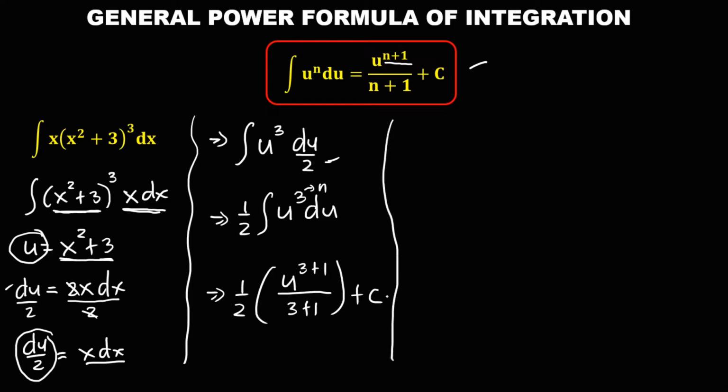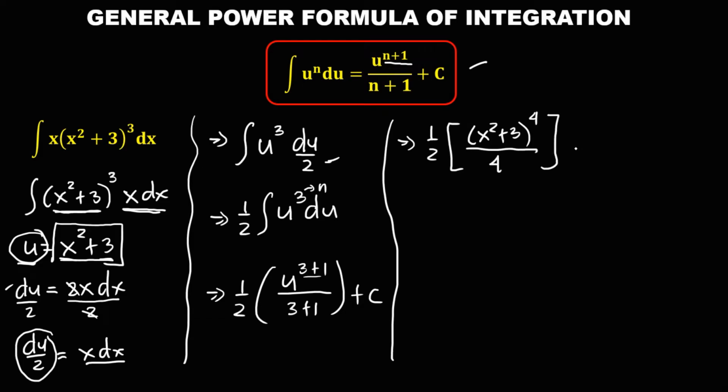Then this time we can substitute now the value of u, since u is x squared plus 3. So we have 1 over 2 times u, u is x squared plus 3, to the power 3 plus 1, or to the power 4 over 4, then plus c.